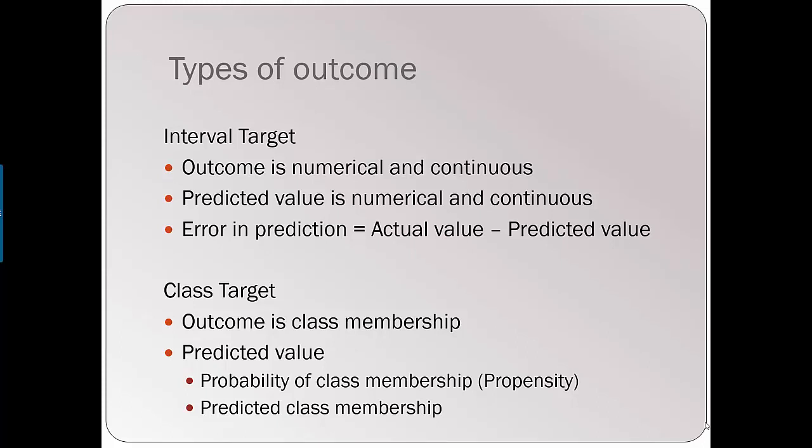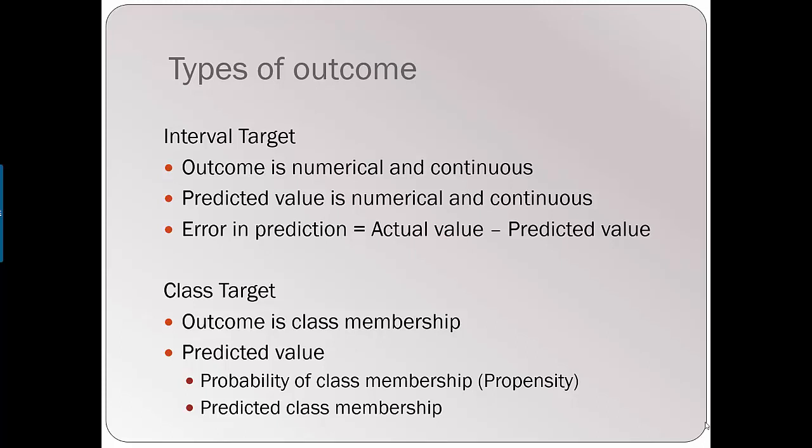Alright, so now there are two types of outcomes that we will be predicting. The target variable, the response variable, or the variable that we are trying to predict, can be an interval target or it can be a class target. If it is an interval target, which is a continuous variable, the outcome is numerical and continuous. So the predicted value is also numerical and continuous.